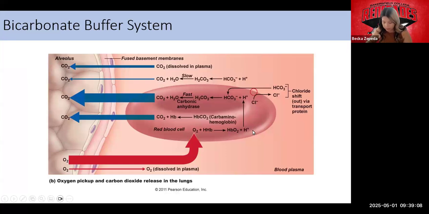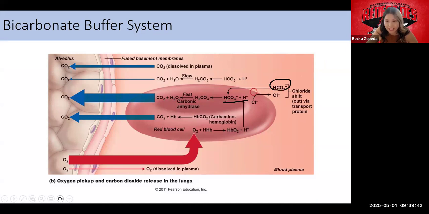The bicarbonate buffer system is next. You should already be familiar with this. As hydrogen ion concentration rises and pH drops, we're going to use this bicarbonate buffer equation in order to bring that pH back up. When we have too many hydrogen ions, those hydrogen ions can combine inside the red blood cell with bicarbonate ions that we keep in the plasma, if you remember.